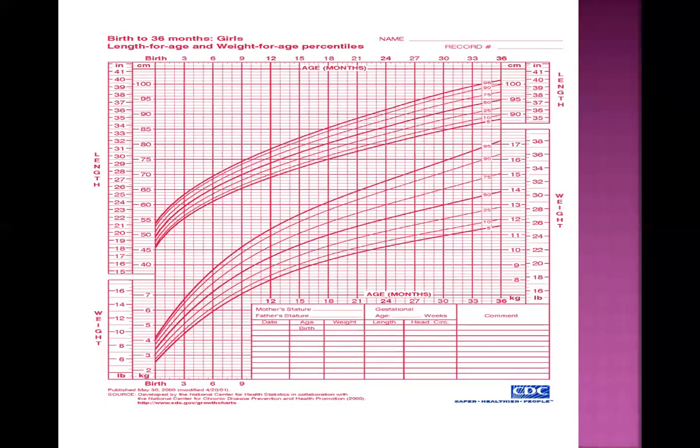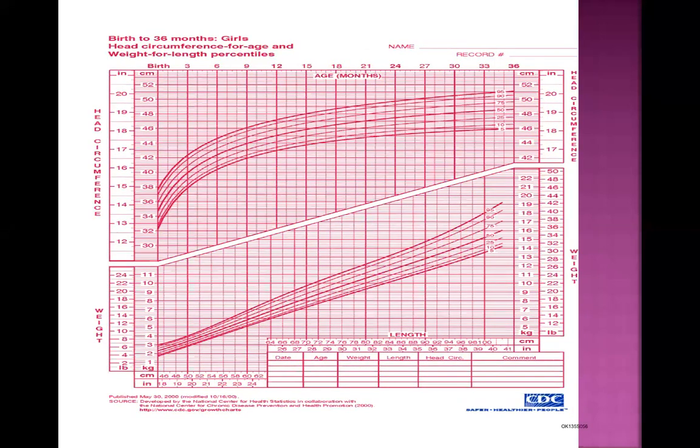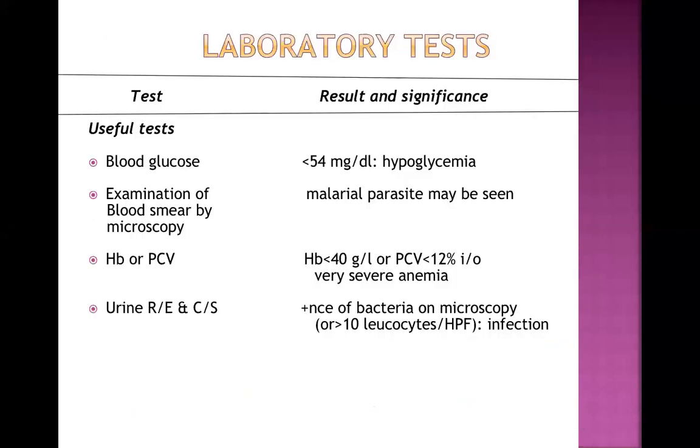There is a separate chart for boys and girls. Everything else is the same. This is the head circumference and weight for length percentile. Weight for length is also known as weight for height. So it's for girls. Now with this, let's move on.